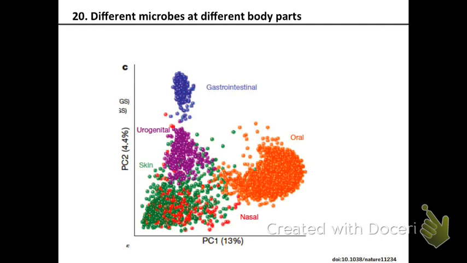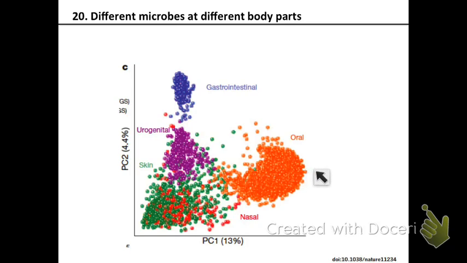It's, again, kind of a clustering algorithm, right? So it's looking at each of these samples and saying, how similar are these together? And if they're similar, the plot, which is two-dimensional, puts these two samples near each other, right? So if two samples are similar, they're near each other. And the algorithm basically colors each of these samples with a different color based on where they were taken from, right?